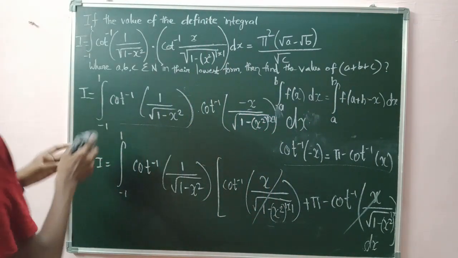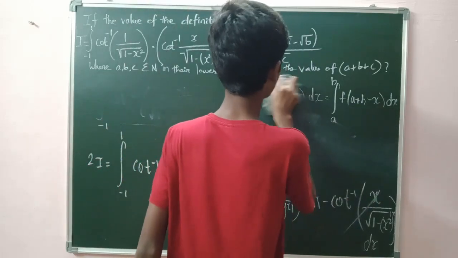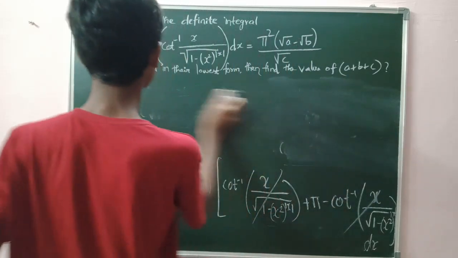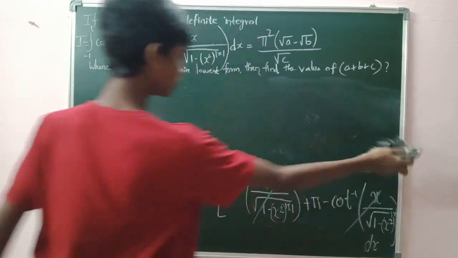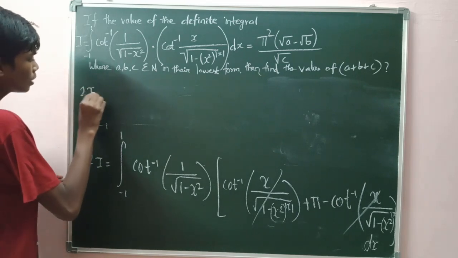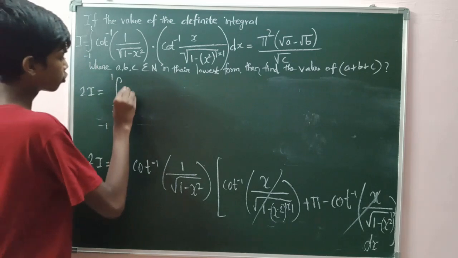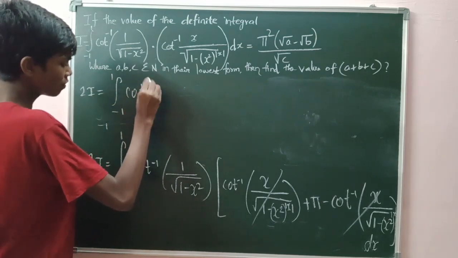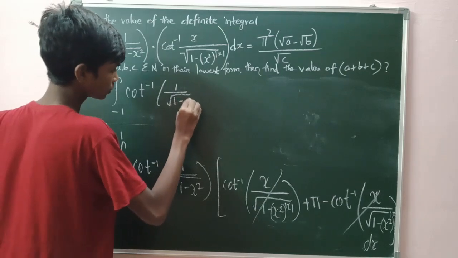So next, I'll wrap these things, guys. Then what I'm going to do is, just listen to me very carefully, observe each and every step. So just write out the integral we have got now. So 2y is equal to integral of minus 1 to 1 times cot inverse of 1 by root of 1 minus x square.